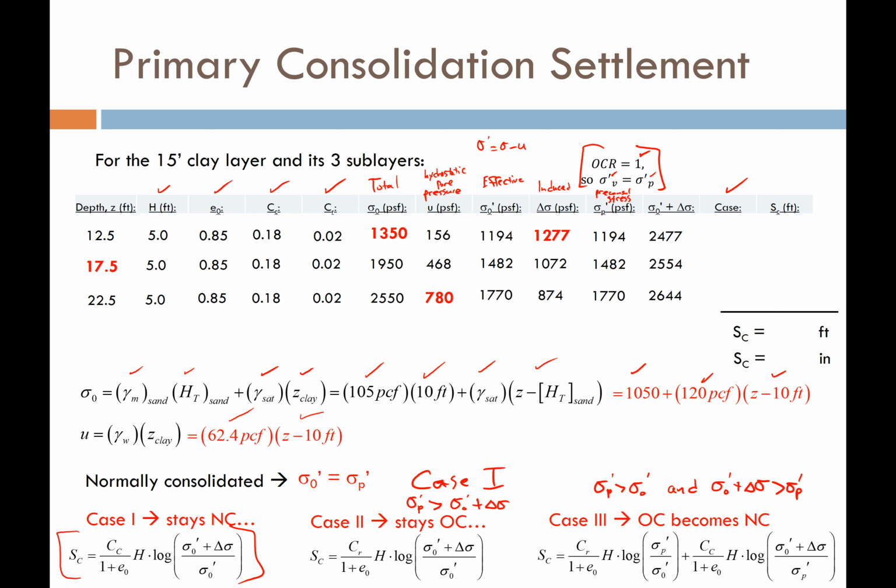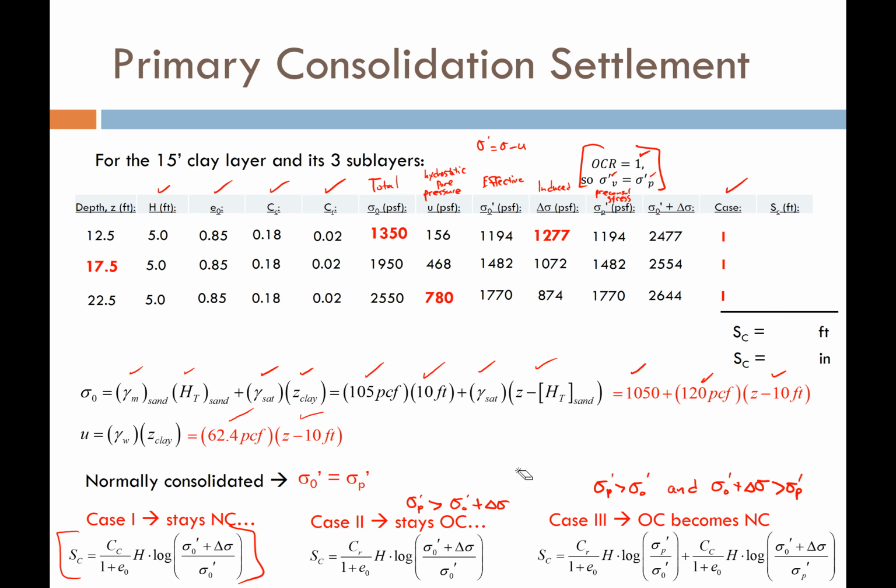And as you can see, in this particular instance, we are all case 1 because we started normally consolidated. In order to have case 3, the soil has to initially be over-consolidated, meaning the over-consolidation ratio would be greater than 1. Okay?